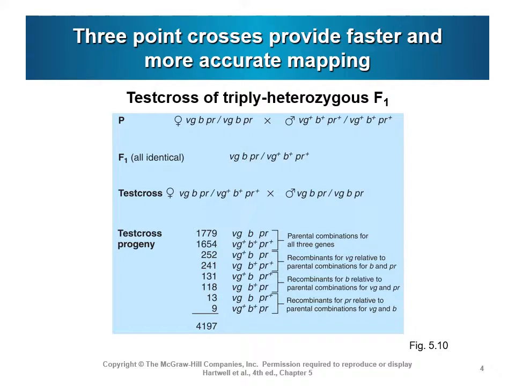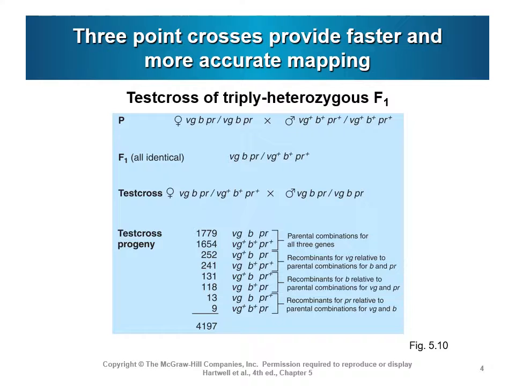Okay, so now let's look at the test scores of triple heterozygous phenotype 1. We have parental line female VG B PR, crossing with male VG plus B plus PR plus.